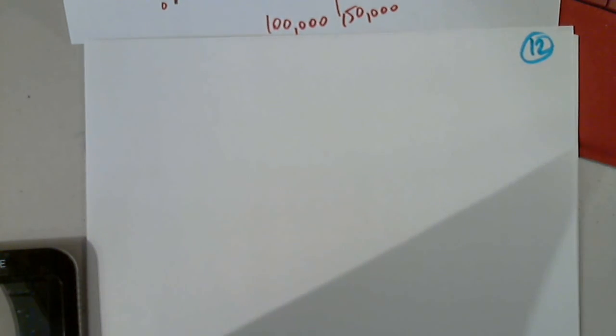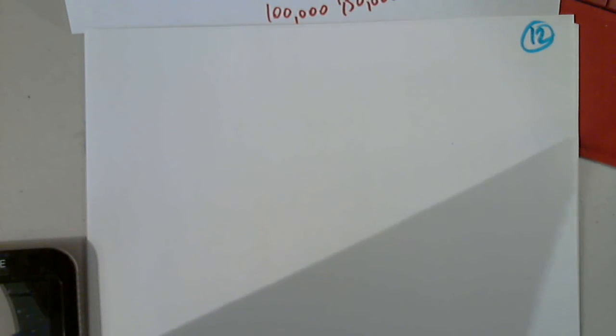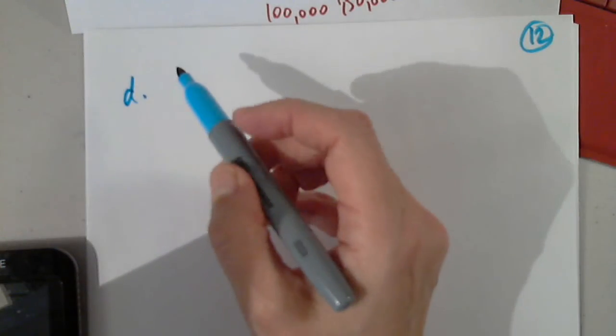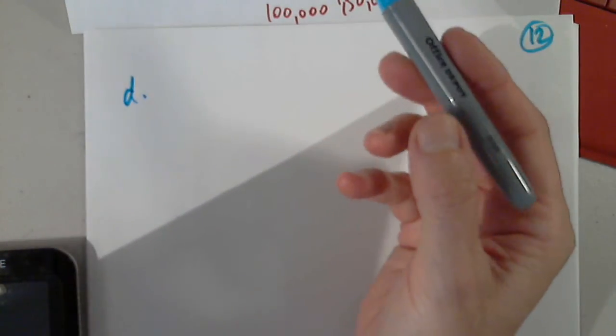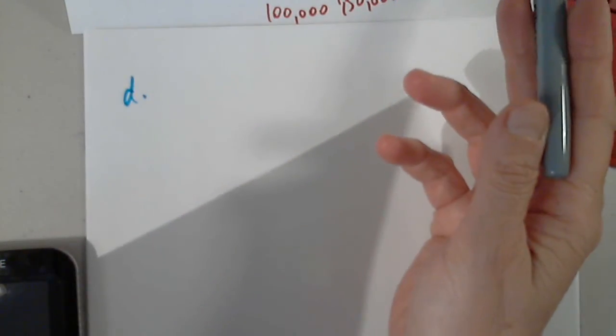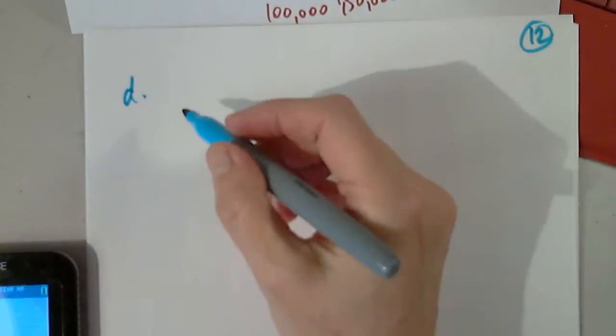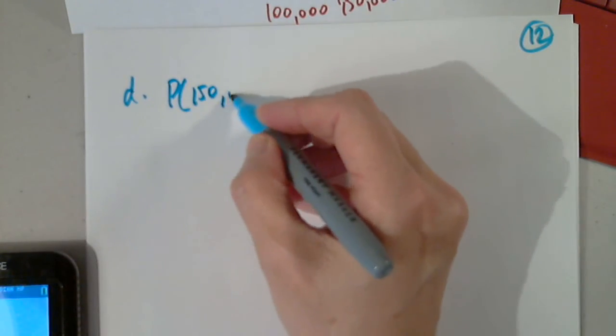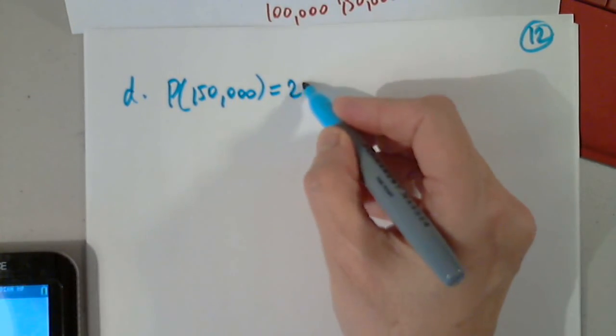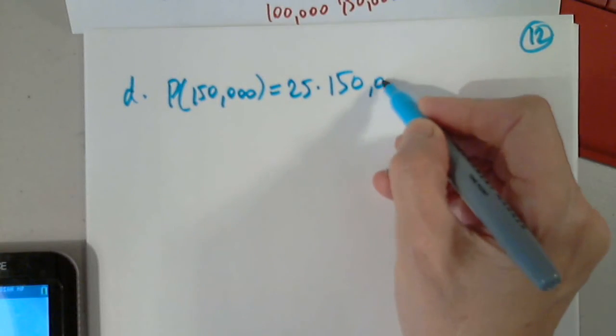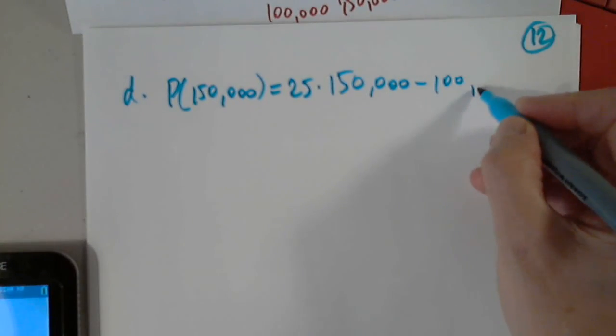What profit or loss will the firm realize if the expected sale is 150,000? So that's part D. We already determined that the revenue, what was it? I think I deleted it. Yes, I deleted it. So the profit of 150,000 will be 25 times 150,000 minus 100,000.